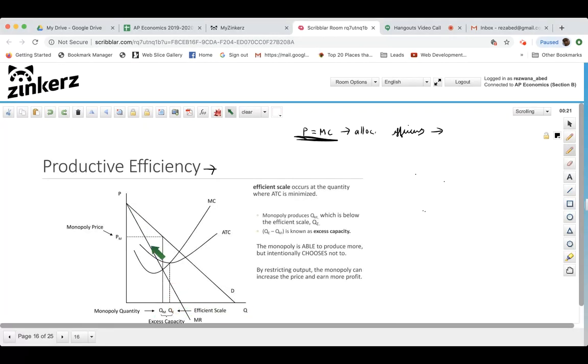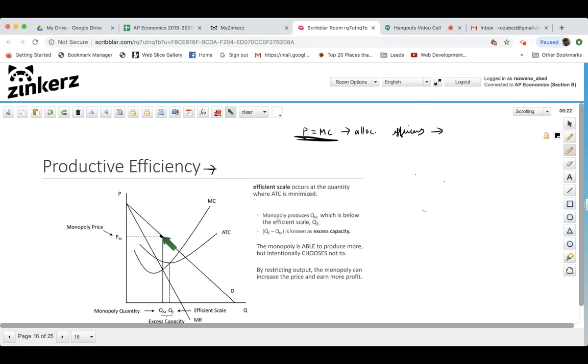So this is what the marginal revenue curve looks like, and then I draw in the marginal cost. This is at the intersection of marginal revenue and marginal cost. This is the monopolist's quantity, and then I take this quantity all the way up to the demand curve to find the highest willingness to pay for this quantity of QM.